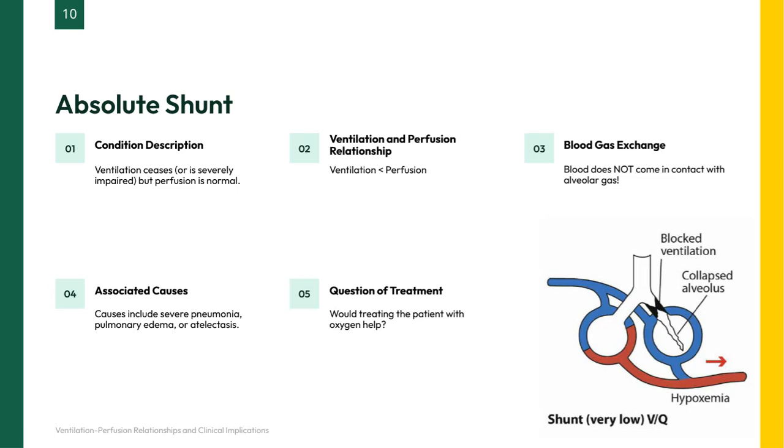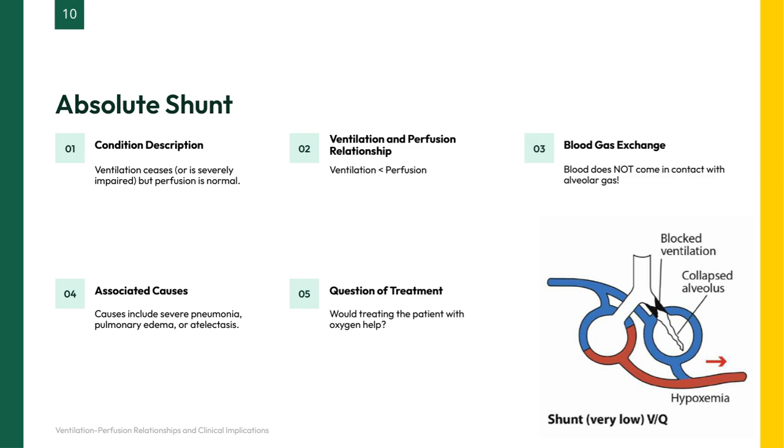When we talk about an absolute shunt, we're describing a situation where ventilation either stops completely or is severely reduced, while perfusion, the blood flow, remains normal. This means that blood continues to flow through the lungs, but there's little to no air reaching the alveoli. In terms of the ventilation-perfusion relationship, ventilation is less than perfusion.